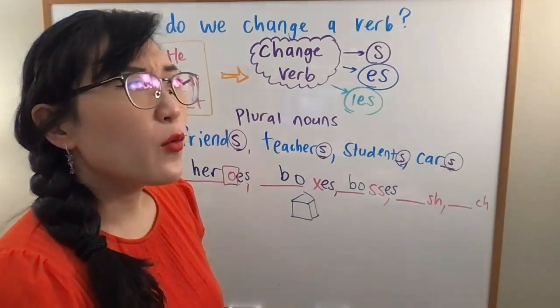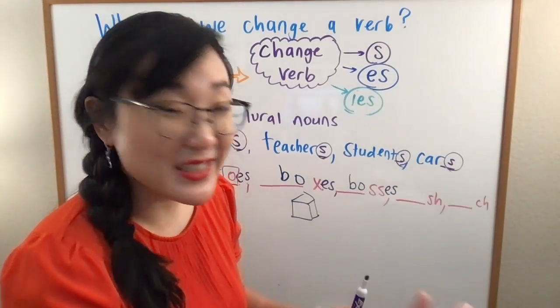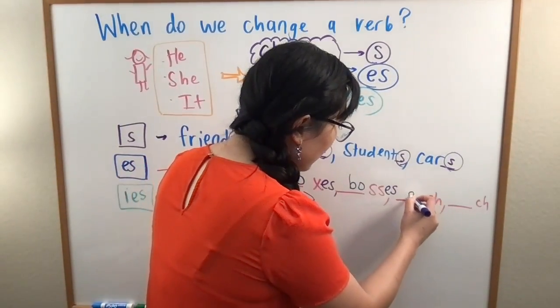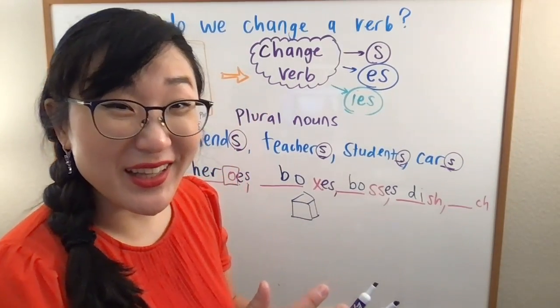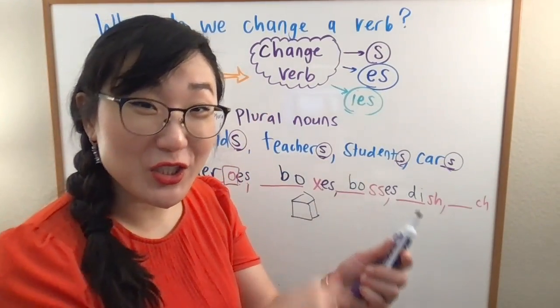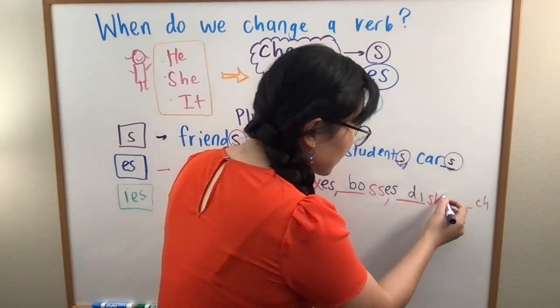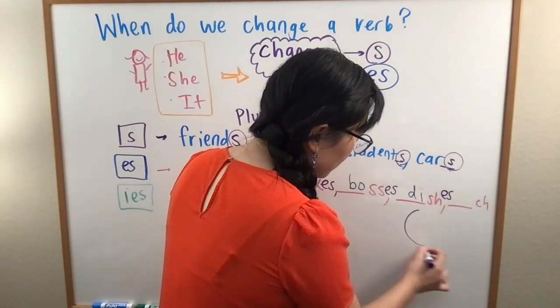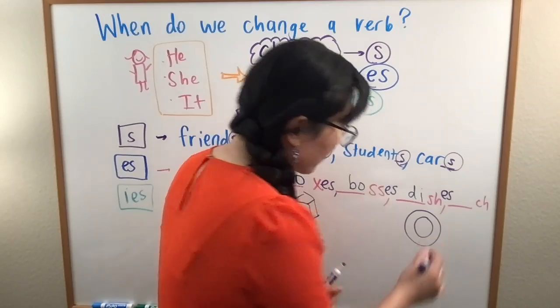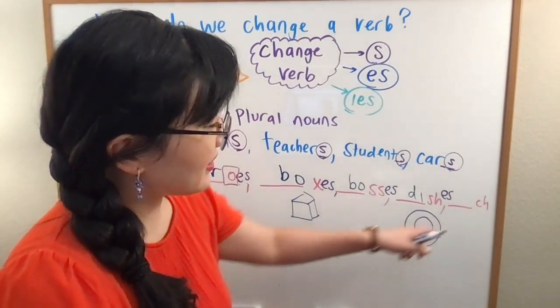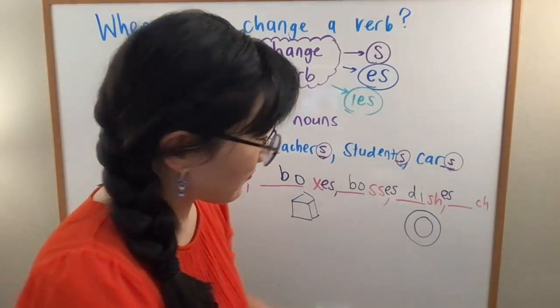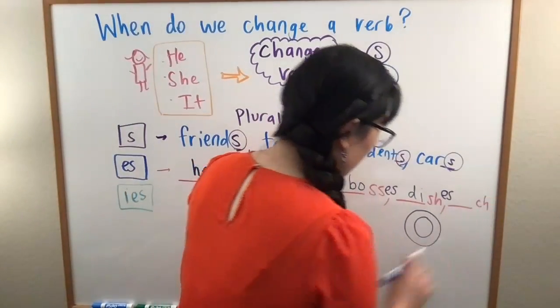SH. When you are eating dinner, you eat on a dish. After cooking, you need to wash the dishes. Right? You have to wash the dishes. CH. Oh, no space.